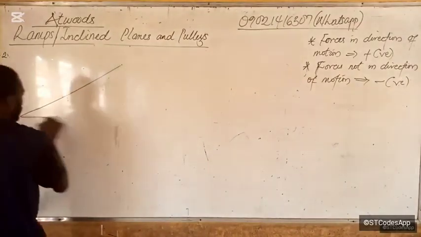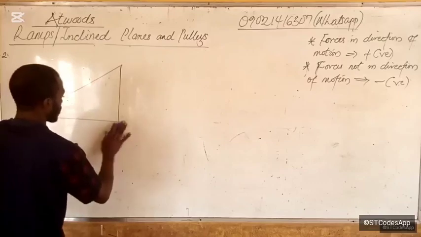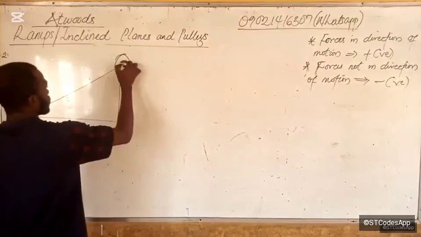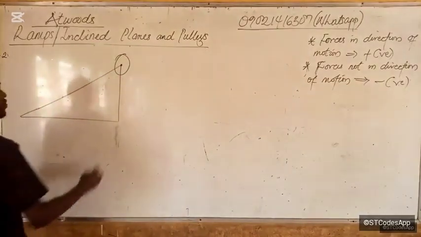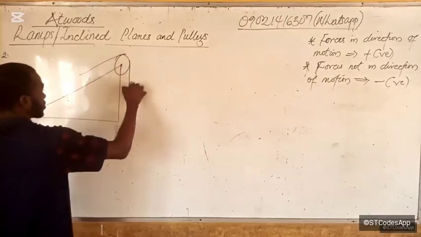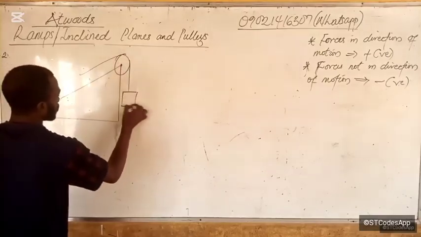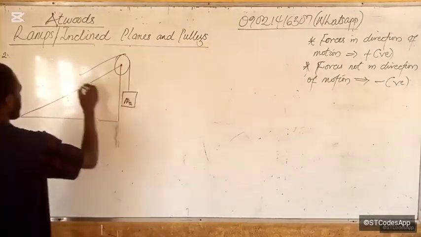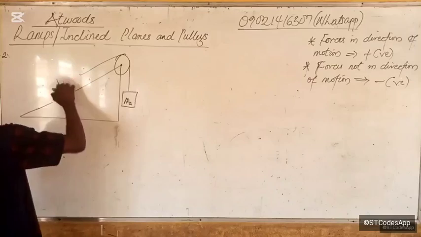I'm reducing the angle of inclination so that you will see. So there is a pulley here. Let's say that's the pivot of the pulley. So the pulley is attached. Attached to the pulley are two masses, m2 and m1.